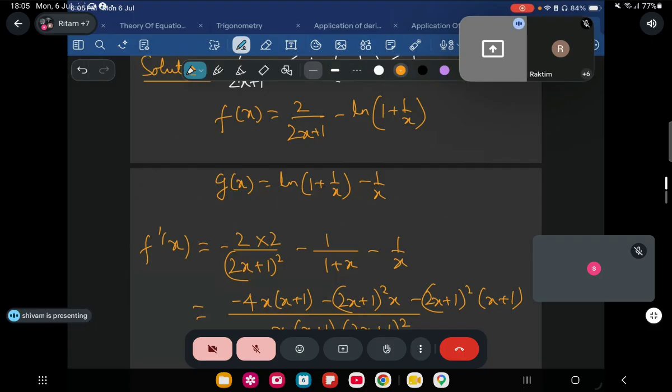After this, I need to see whether the function is increasing or decreasing, or what is happening actually. So I have to simplify this. Okay, let us simplify.